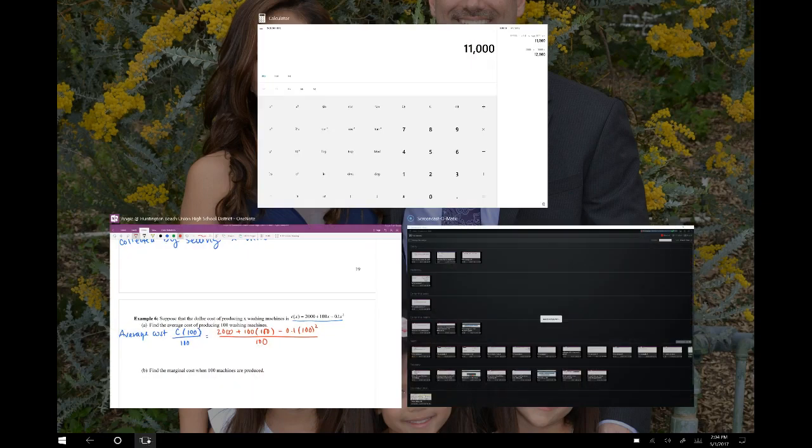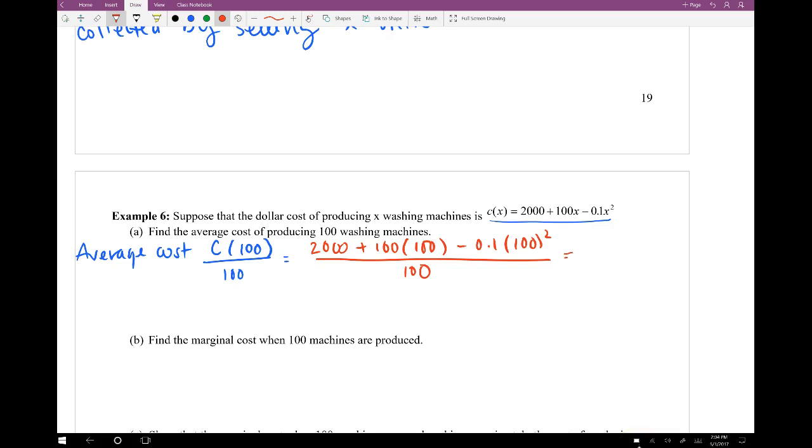All right, let's see. Did it give me the right answer? It gave me 11,000. That's a good answer. I thought it gave me the wrong answer, but it didn't. So it gave me 11,000 here, divided by 100.